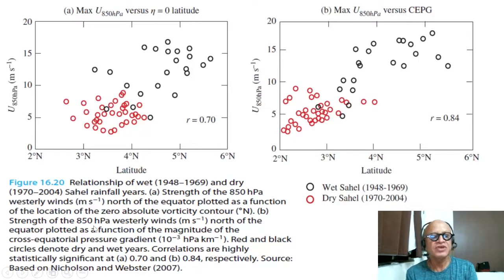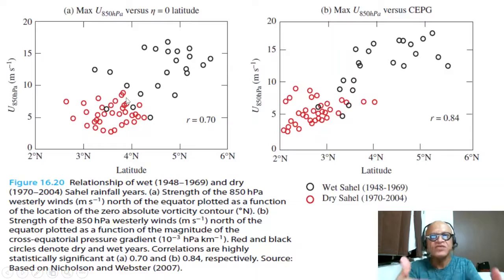And in B, we are looking at the strength of the 850 hectopascal westerly wind north of the equator, again plotted as a function of the magnitude of the cross-equatorial pressure gradient. Red and black circles denote dry and wet years. Correlations are highly statistically significant at 0.70 and 0.84 respectively.